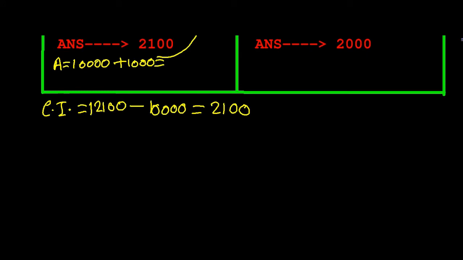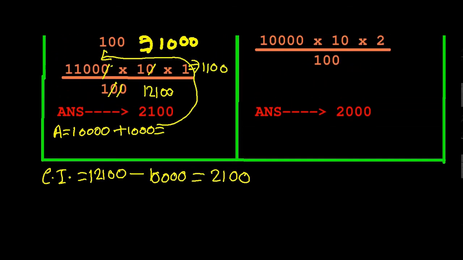Friends, see the difference. If we calculate the interest yearly, if we use compound interest, we are getting 2,100 as the interest, and if we use simple interest, we are getting 2,000 as the interest, which is lesser than this compound interest.